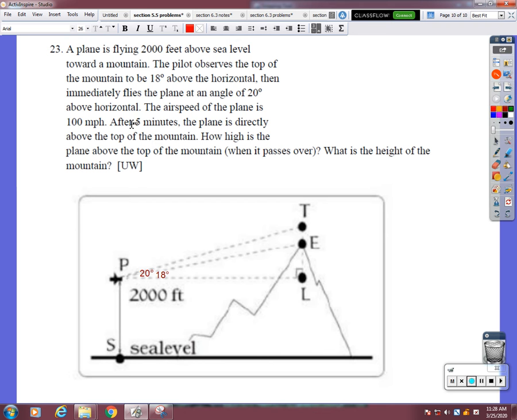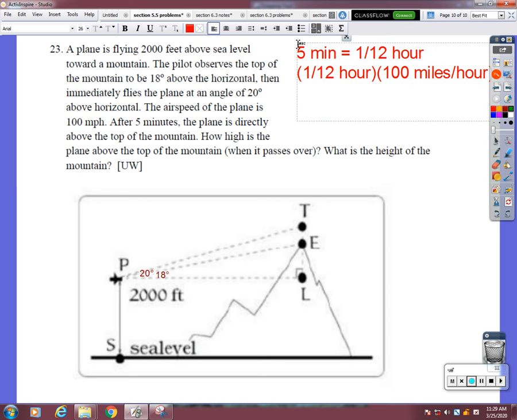So the first thing we know is that if the plane is going 100 miles an hour for 5 minutes, I'm going to say that 5 minutes is equal to 1/12 of an hour. So that means the plane will have flown in that 1/12 of an hour, if it's going 100 miles an hour, 1/12 of 100 miles.